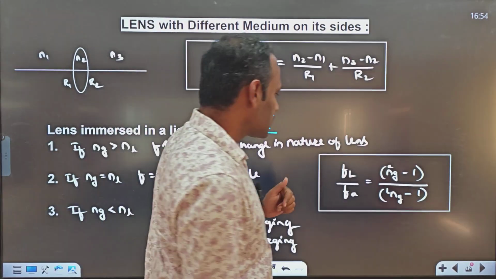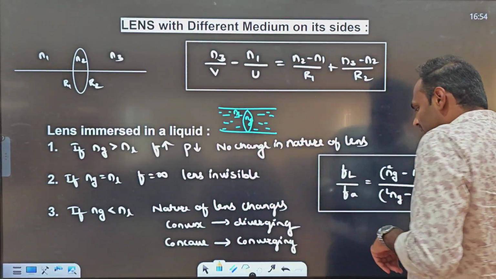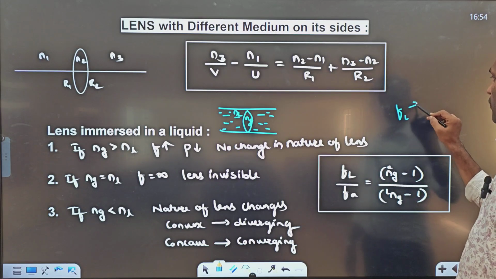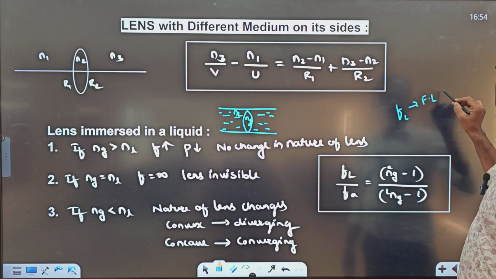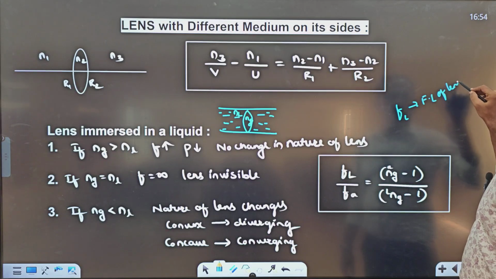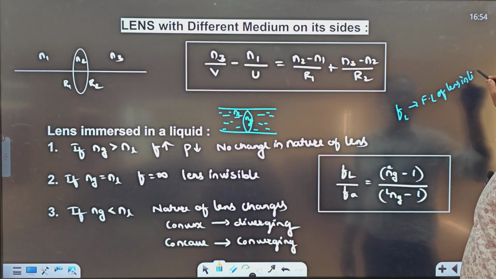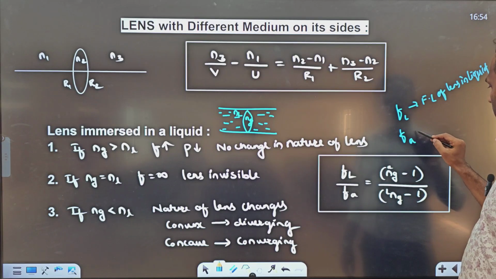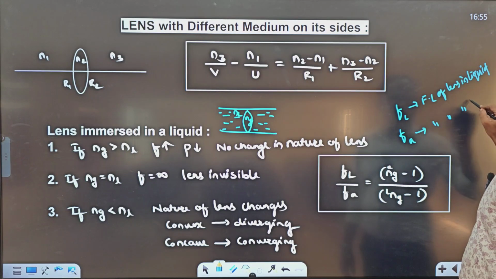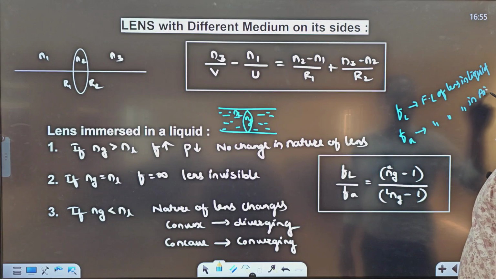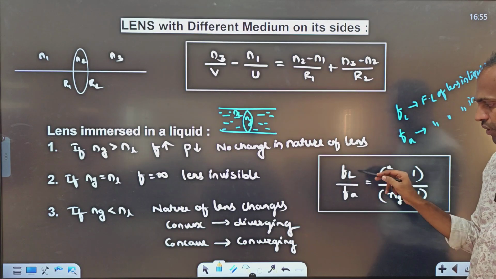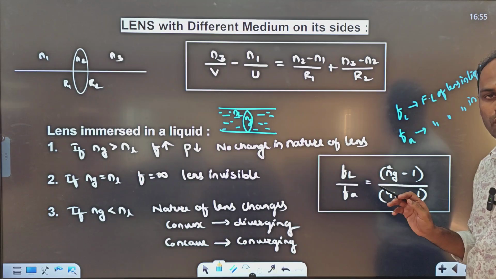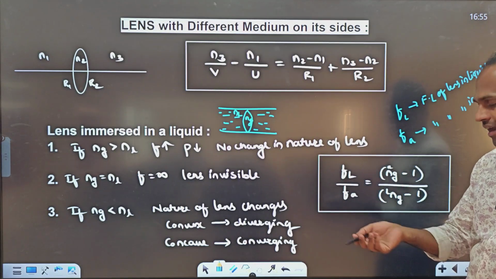In this case, if they ask you the focal length of the lens in the liquid or the focal length of the lens in air, look here: FL means focal length of the lens in liquid. FA means focal length of the lens in air. FL does not mean focal length of liquid, it is the focal length of the lens in liquid. FA does not mean focal length of air, it is the focal length of the lens in air, right.